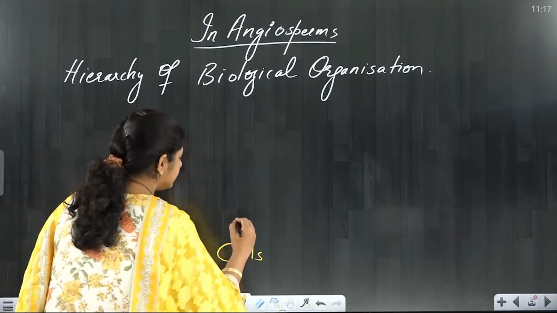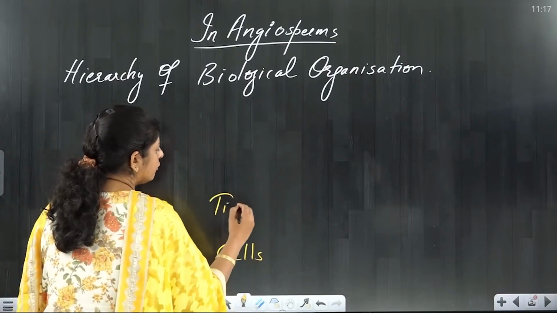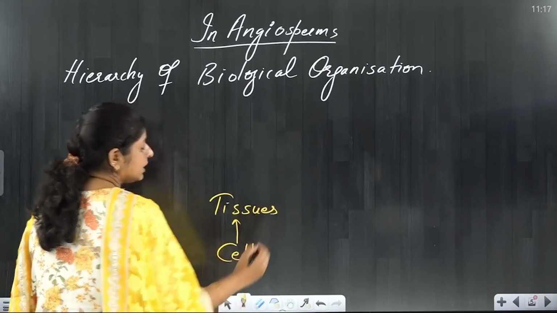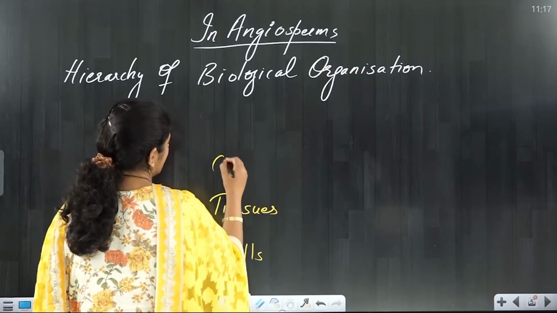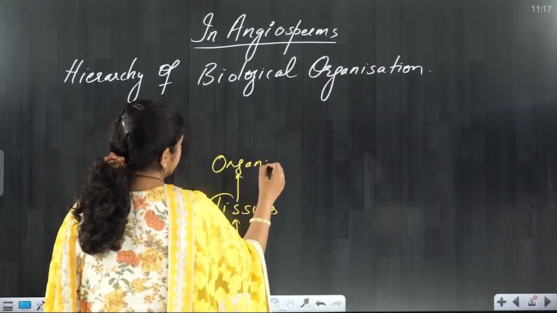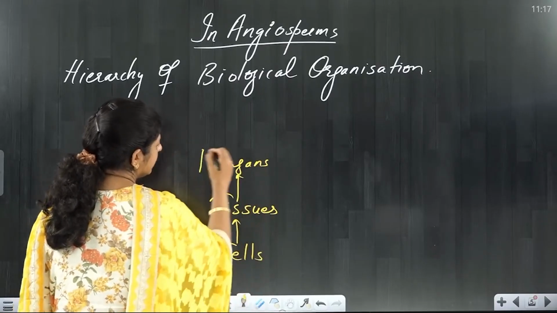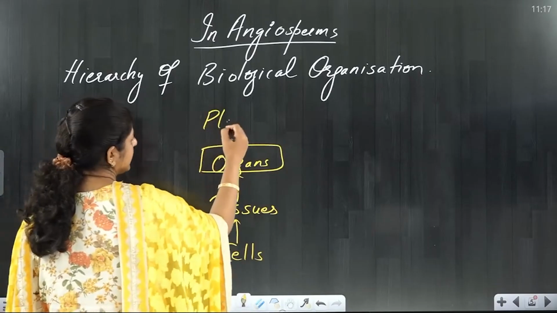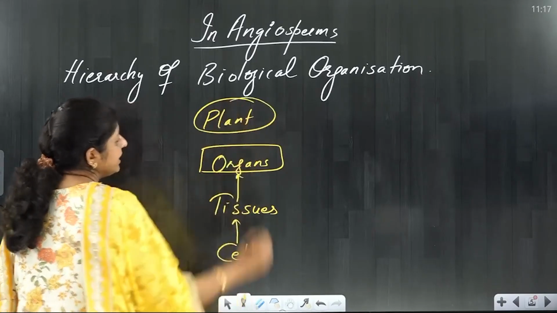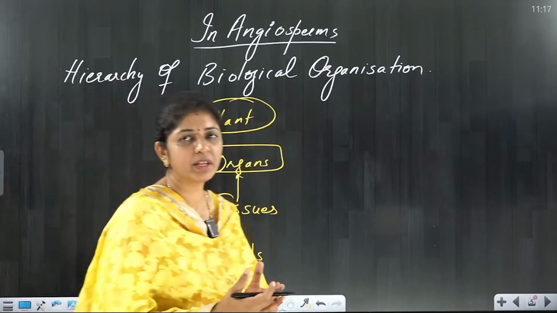Cells are further combining to form tissues. Tissues are further combining to form organs, and organs here will be participating to form a plant, an organism. Here we cannot say the organ system level is there.